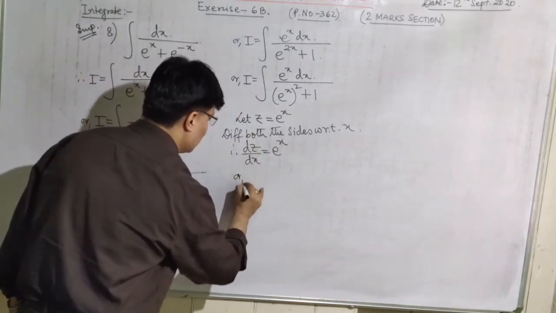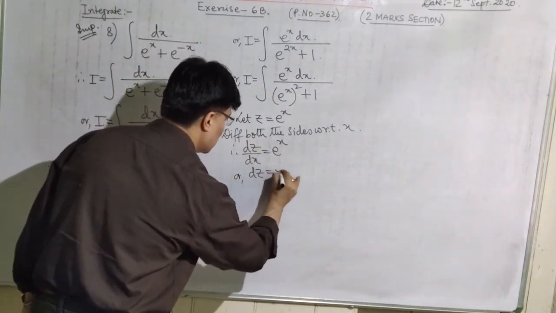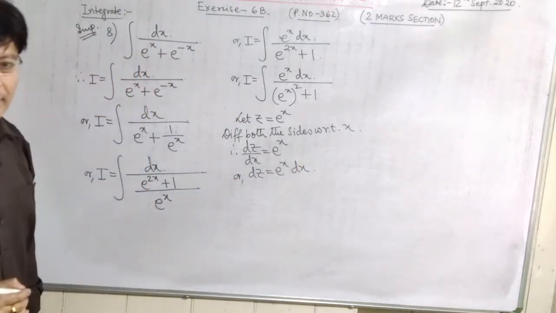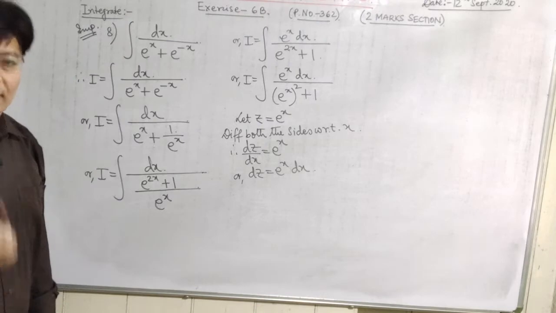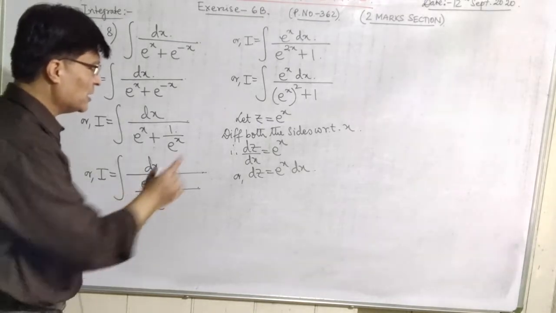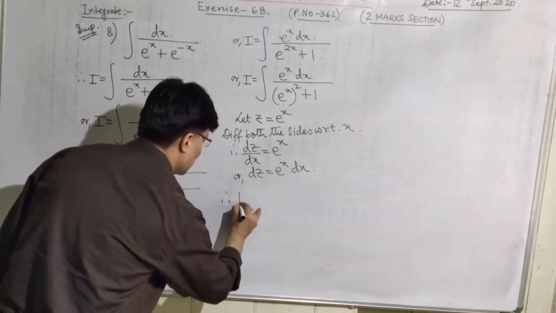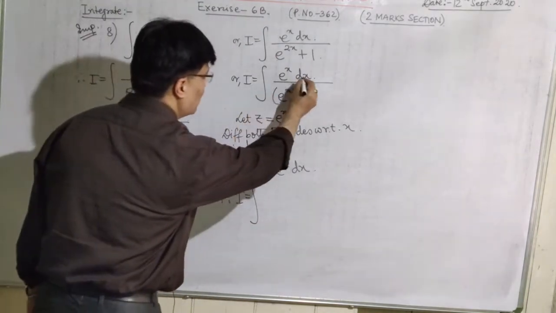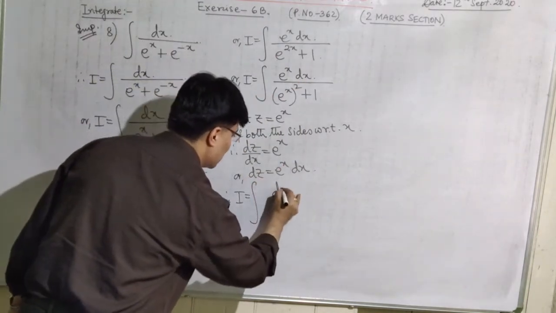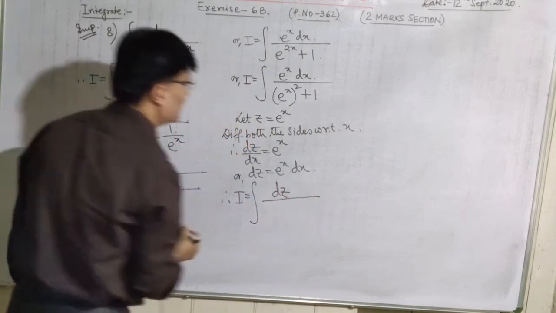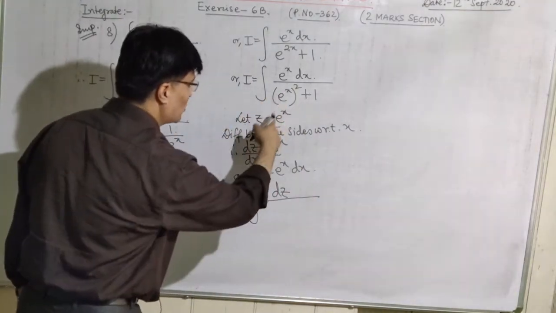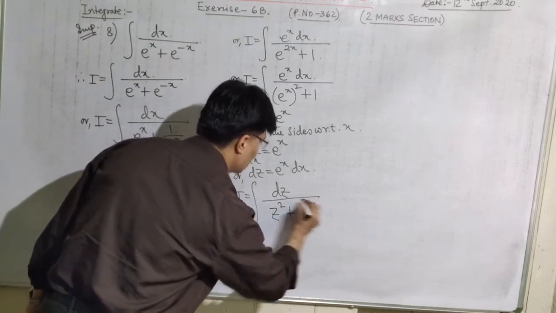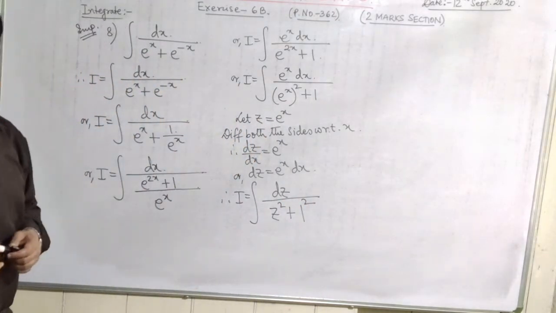Now cross multiply, dz is equal to e to the power x dx. So we have got the value of the numerator, that is e to the power x dx is dz. So therefore I is equal to integration of dz divided by, in the denominator, what is e to the power x whole square? It is z square plus 1, which can be written as 1 whole square.